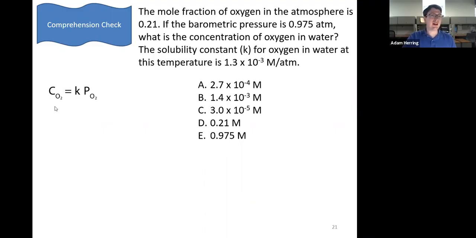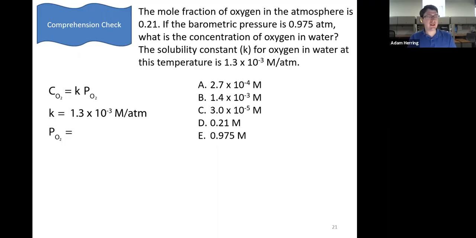So Henry's law allows us to relate the solubility or concentration of oxygen to its partial pressure. However, if you were to just plug in the pressure that's given, you wouldn't be correct. So let's go through this step by step. We're given the solubility constant for this temperature. We need to solve for the partial pressure of oxygen though.